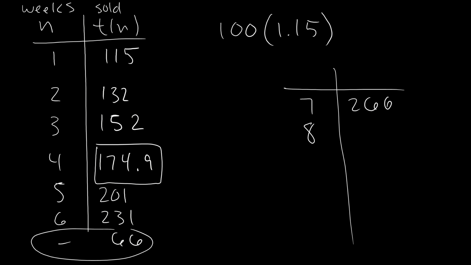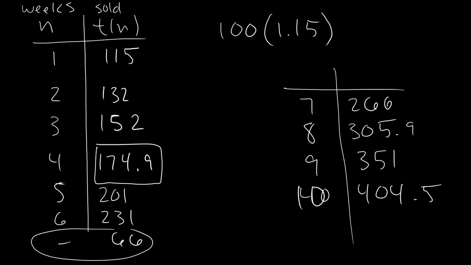Week 8 is 305.9. Week 9 is 351. And week 10 is about 404, and it's 0.5, so I'll probably just call that about 404 phones. So I've got my two predictions there.